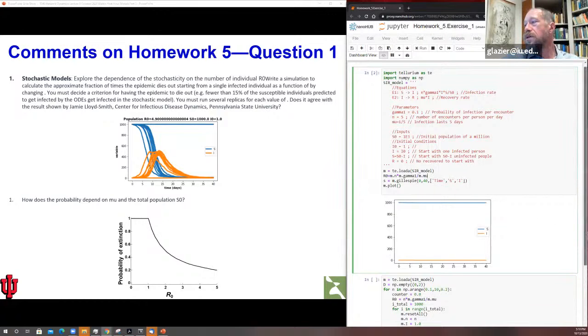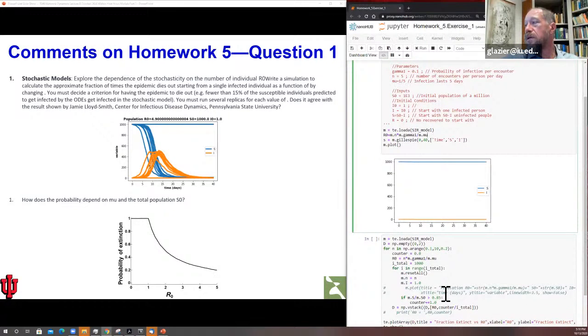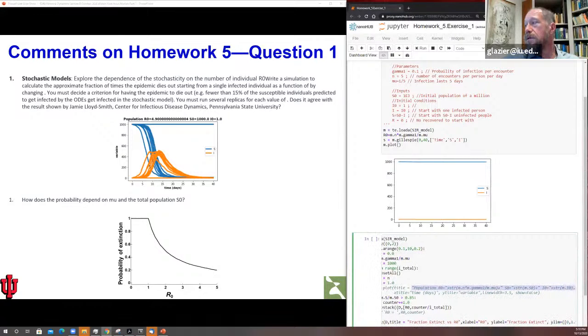And let's put the value of R naught in our plot. And I'll put what I know I want for the plot.